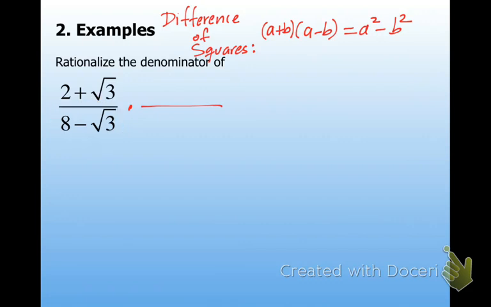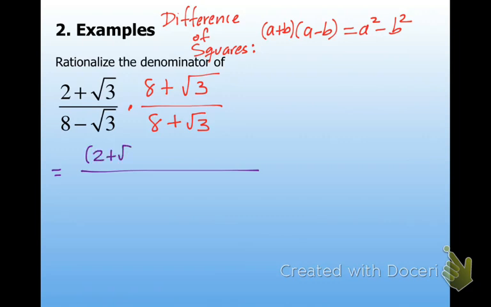According to this, it's the very same terms, but we just have to change the sign of one term. So let's say I'm changing the sign of the square root of 3. And remember that I have to do the same in the numerator. Again, it is like multiplying by 1, so I'm not changing my problem.